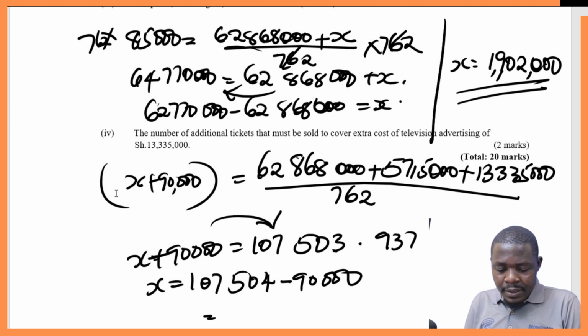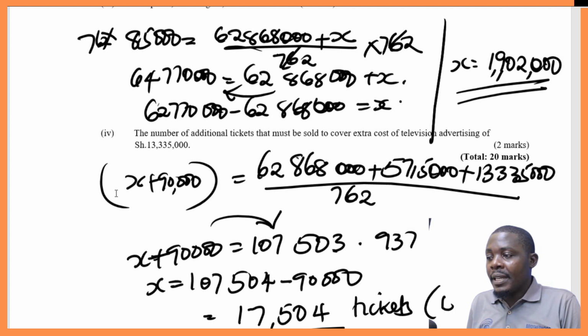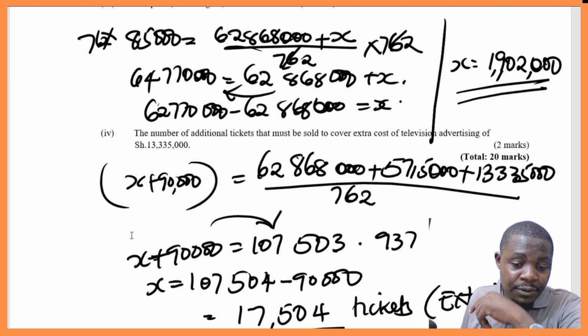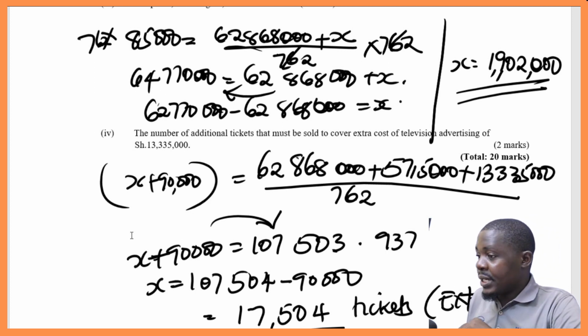If we subtract 90,000 from the answer, we have 17,504 extra tickets. That is what ought to be done for question number 4 to score the entire 20 marks.